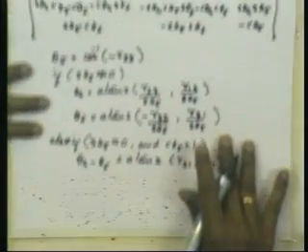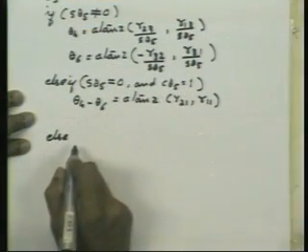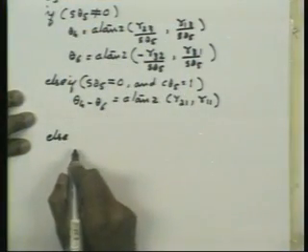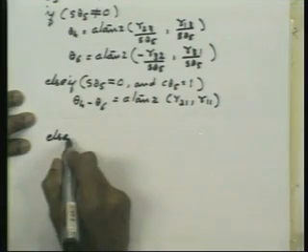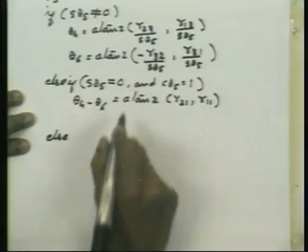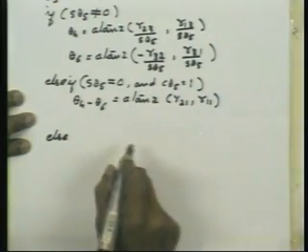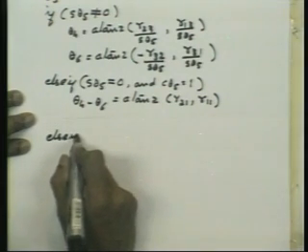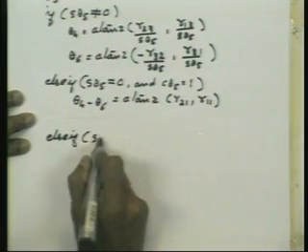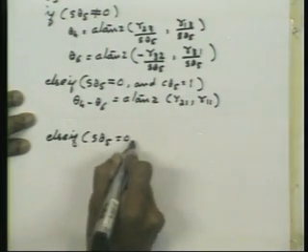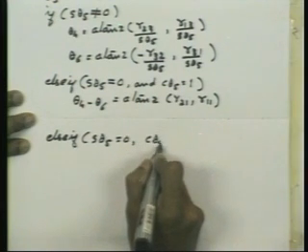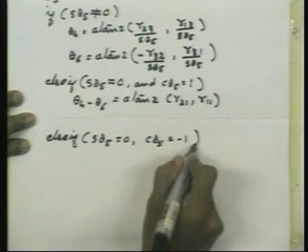So we have taken care of all the possibilities. So just to make it explicit, say this is equal to 0 and cos theta 5 equals minus 1.